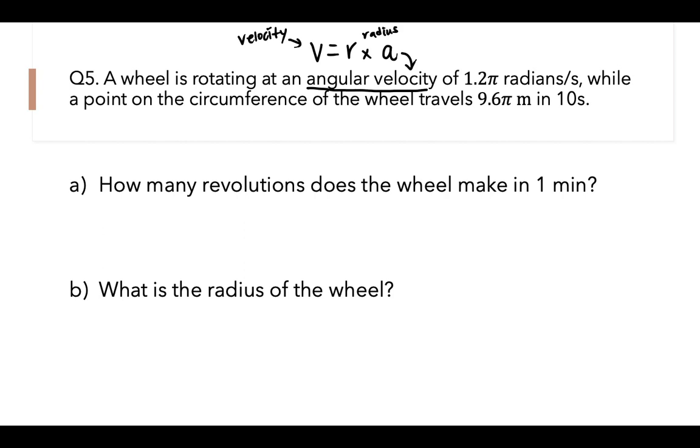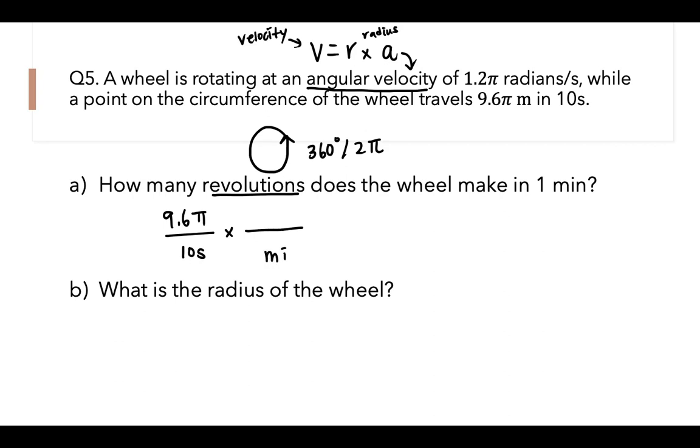Okay, so letter A, how many revolutions does the wheel make in 1 minute? Revolution means one full cycle, which is 360 degrees or 2 pi. Now we're given that the wheel travels 9.6 pi in 10 seconds, and we want to find it per minute. So we're going to do a unit cancellation.